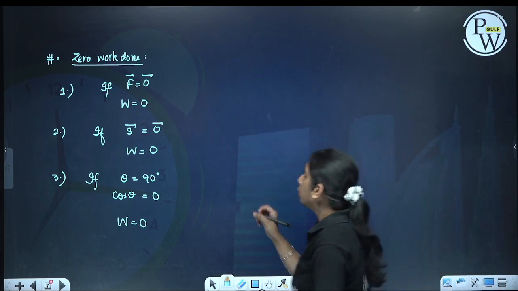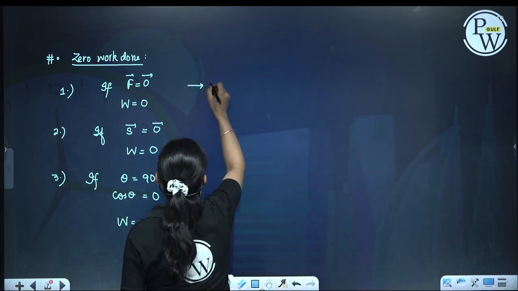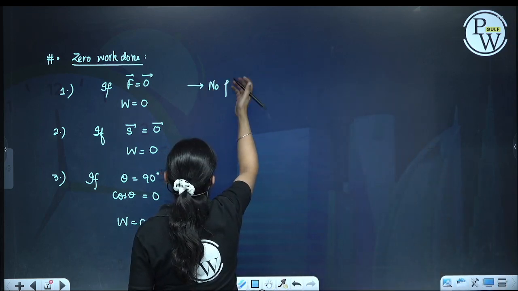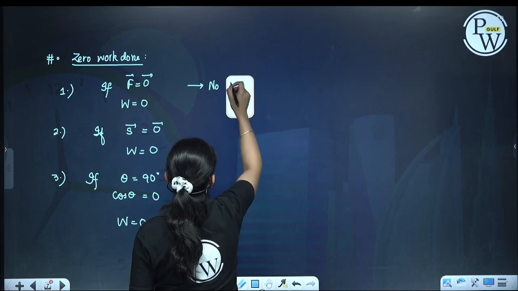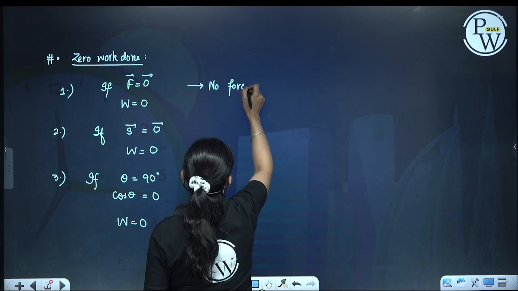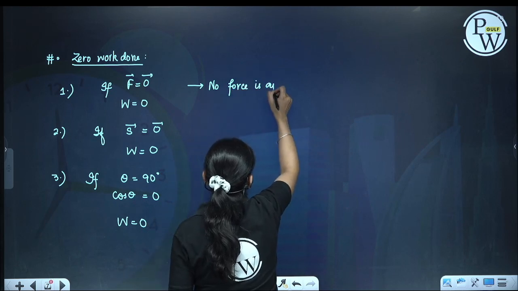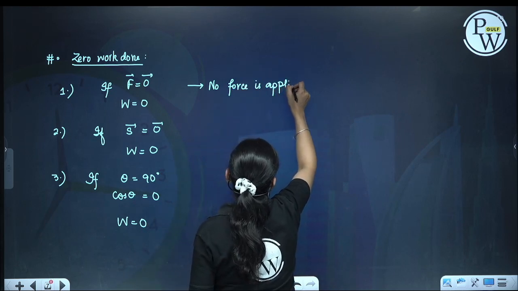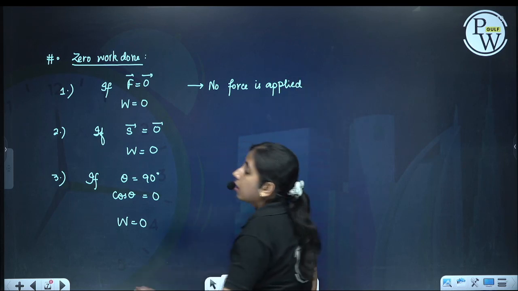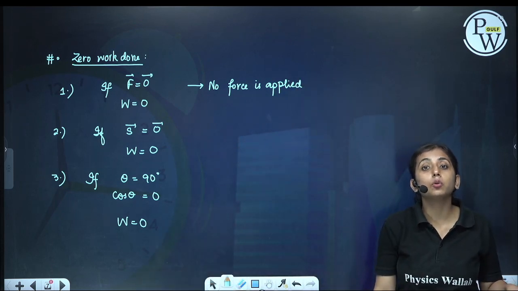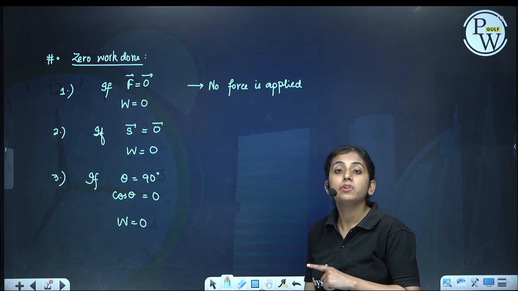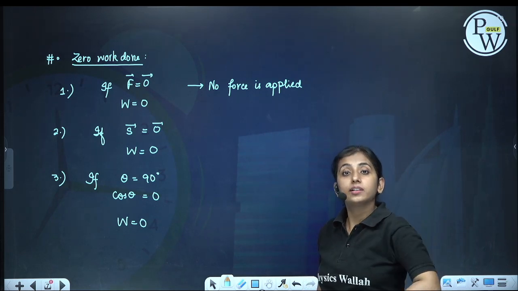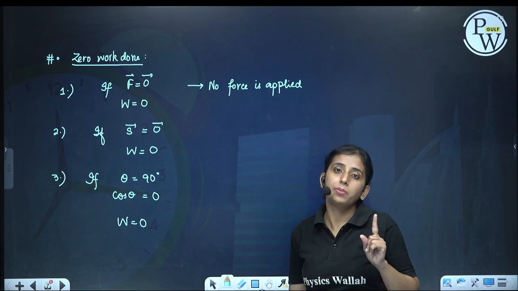First case, no force is applied, no net resultant force. Or if the sum of all the forces on a body becomes 0, net resultant of all the forces on a body becomes 0, then we will say that total work done by all the forces will be 0.